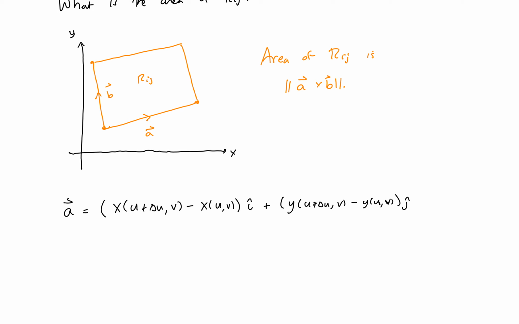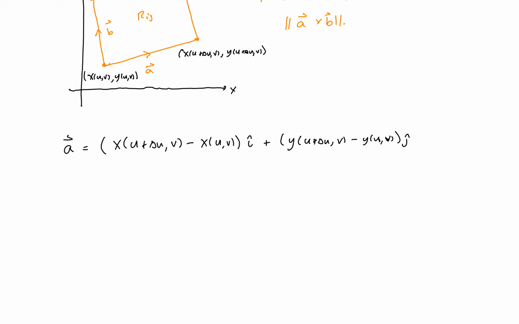That's given by the fact that this point here was x of (u, v), y of (u, v), and this point here was x of (u plus delta u, v), y of (u plus delta u, v), using how we find a vector between two points. If we think about what this looks like, it looks almost like a partial derivative.